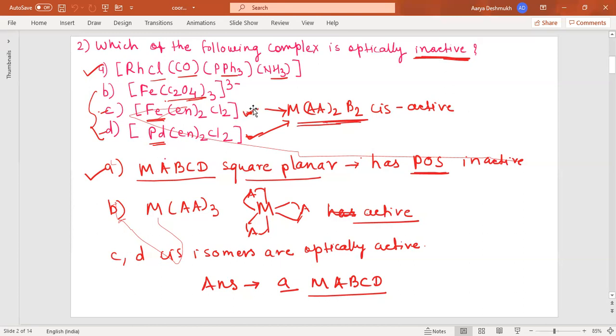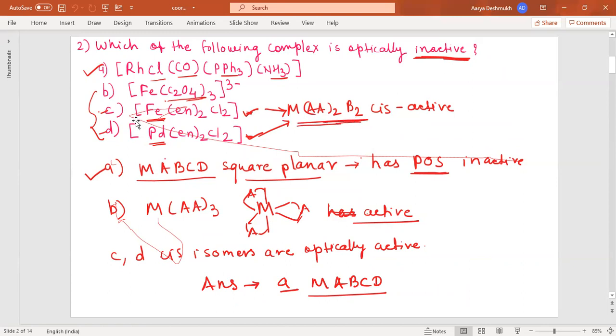For this C and D, this is the type of complex M(AA)2B2. Okay. So out of this, for option C, for this type of complex, the cis isomer is optically active. Here there is only a change in the ions, the ions are different, but the type of the complex remains the same. So the cis isomer for this will be optically active.